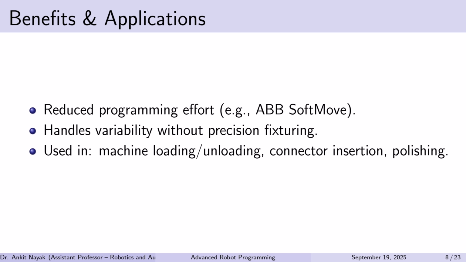In electronics, during small assembly tasks, soft float makes it possible to align delicate components without applying too much force. Companies like ABB provide soft move, and FANUC offers compliance options, which are real industrial examples of this function.